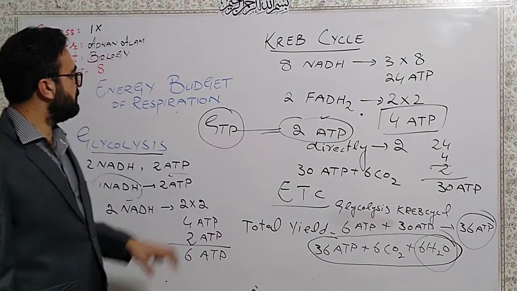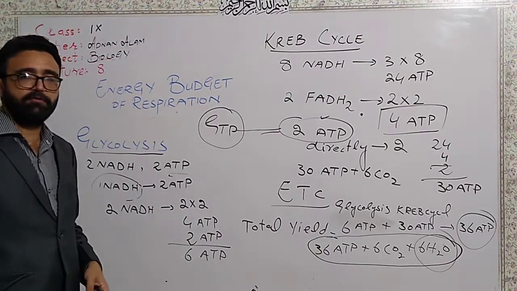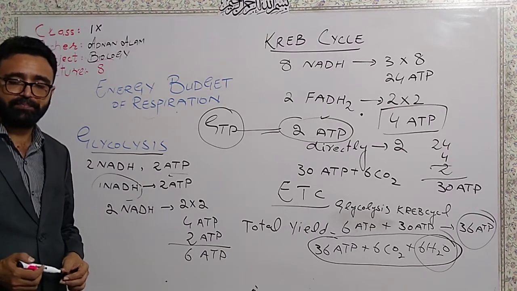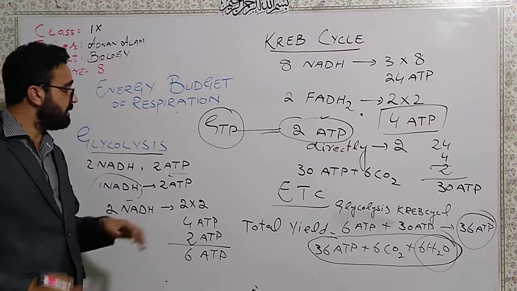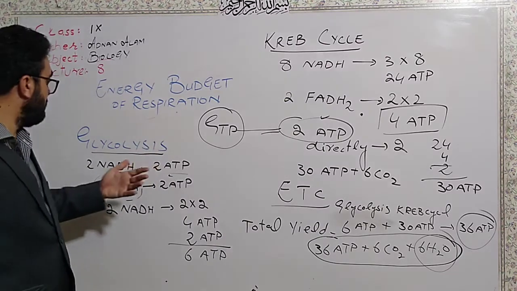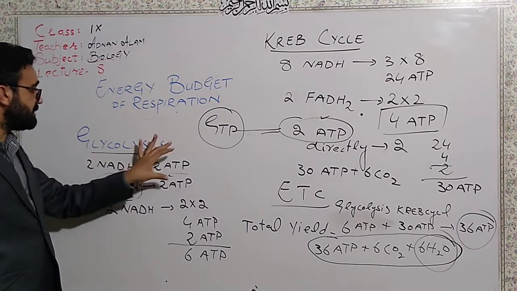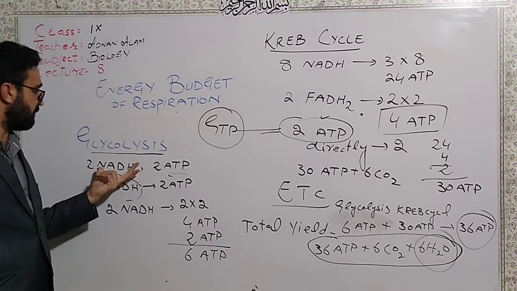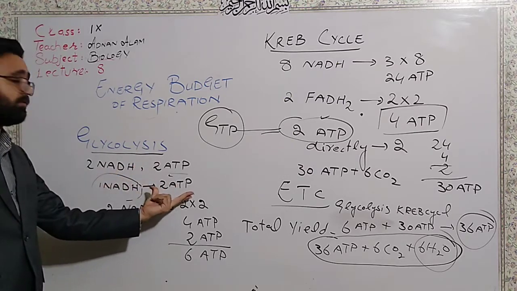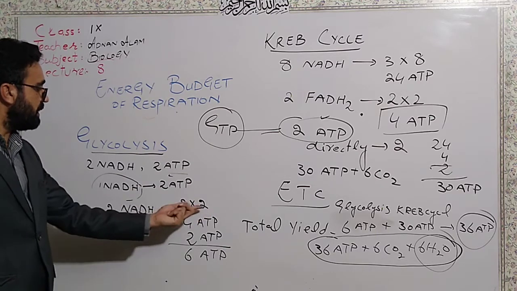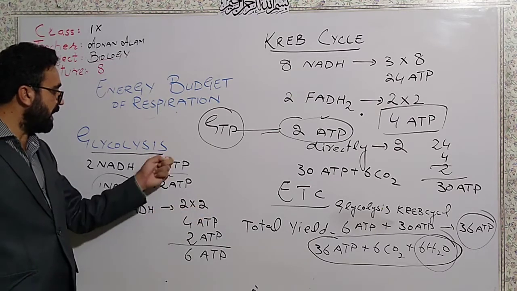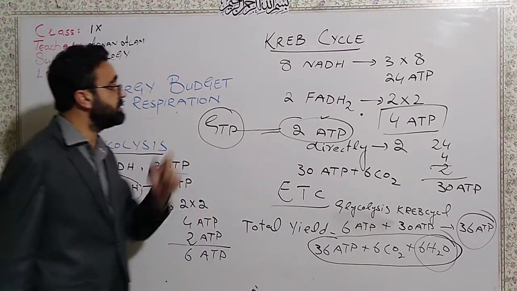So this is the energy budget of cellular respiration. I hope that you have understood it well. I will give you a quick summary again. 2 NADH and 2 ATPs are the product of glycolysis. 1 NADH of glycolysis gives us 2 ATPs. 2 NADH means 2 multiplied by 2, 4 ATPs, and 2 direct ATPs are formed, so 6 ATPs is the yield.